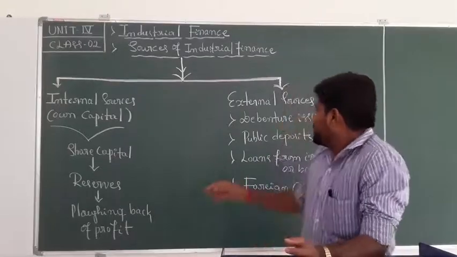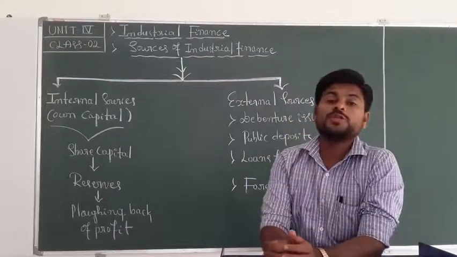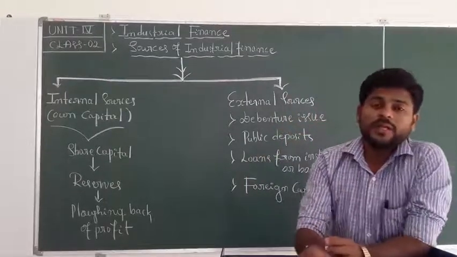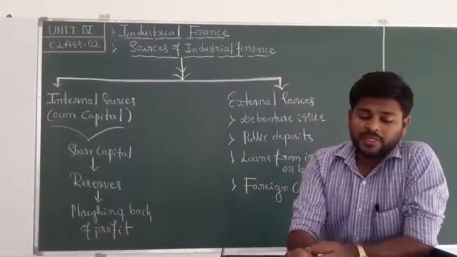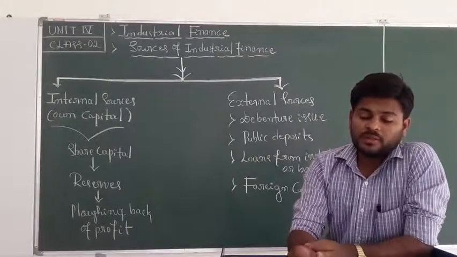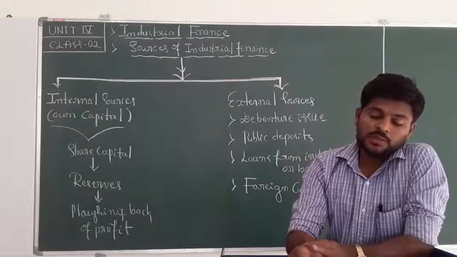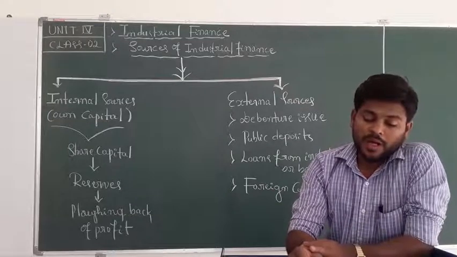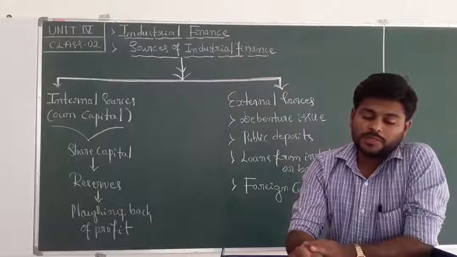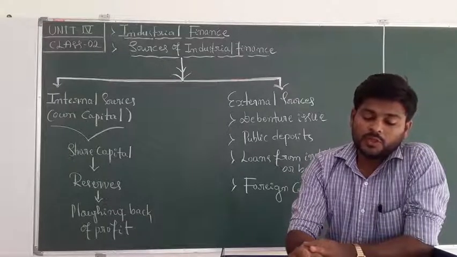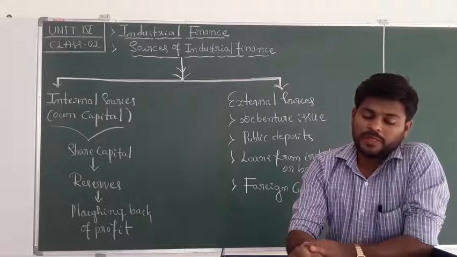And then the second one is public deposits. Industrial units in India raise finance by inviting public deposits. This source of finance is unknown to the Western world, but in India it has become quite popular and is providing tough competition to banks in mobilizing deposits.